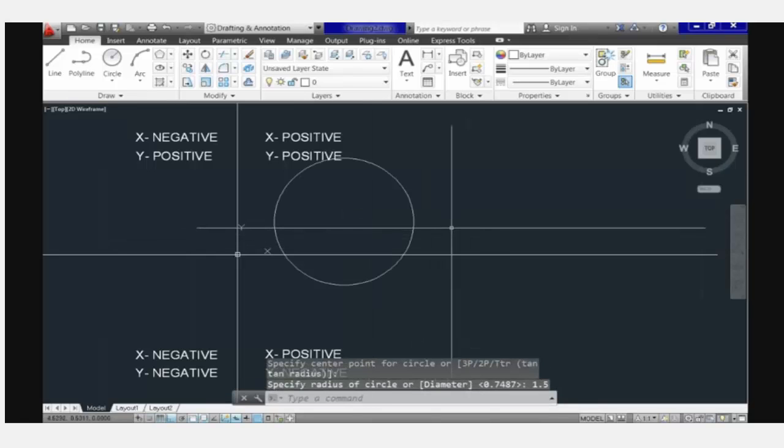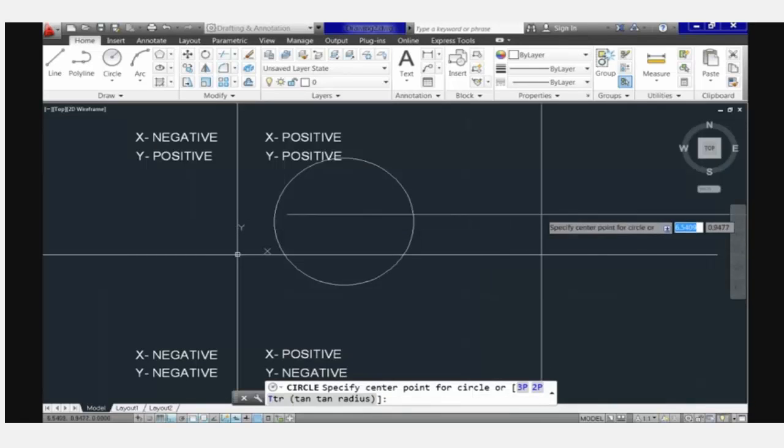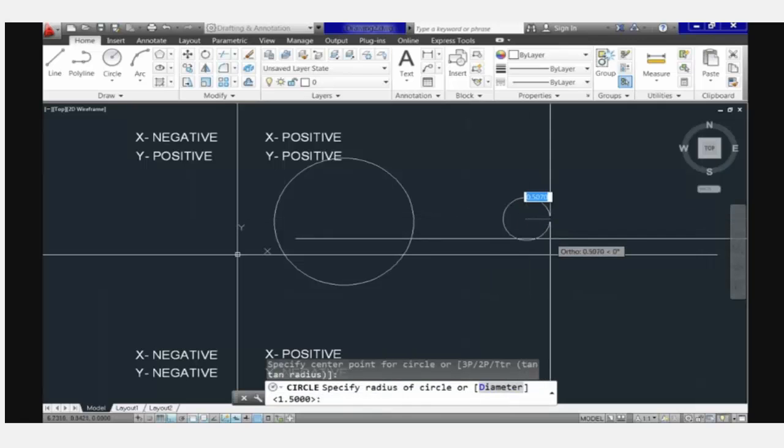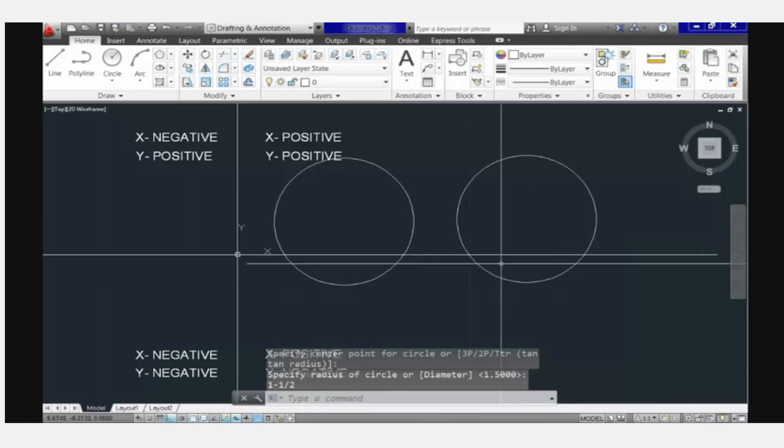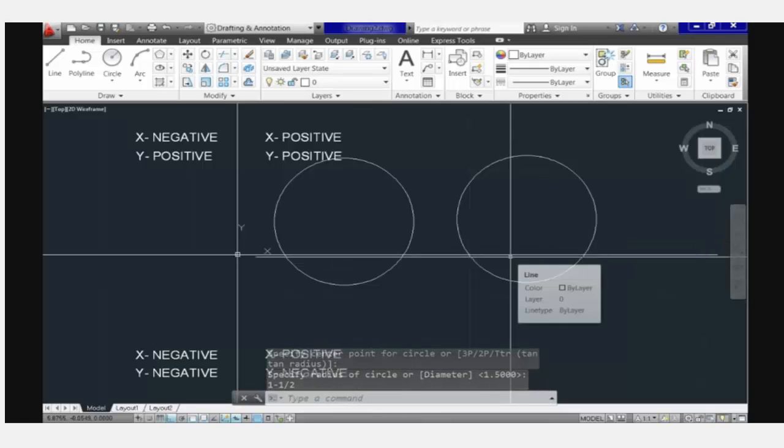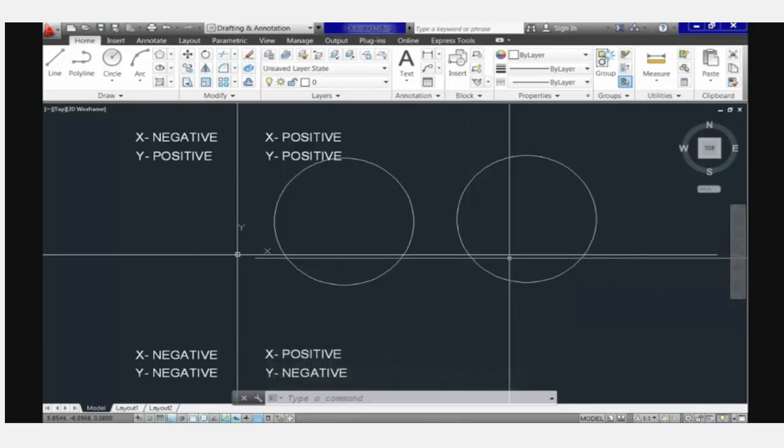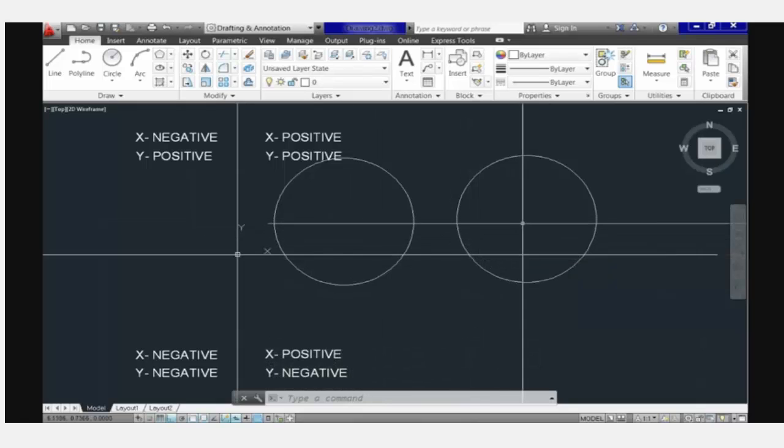And now the second one, I want to get the same result, but I don't want to use a decimal. I'm putting 1 hyphen 1/2, which means 1.5, and I get the same result. So basically, you can see that AutoCAD gives you the same exact result with 2 different systems.